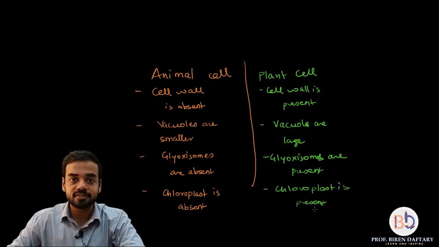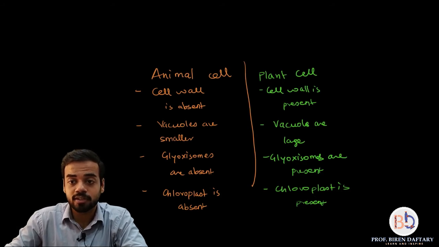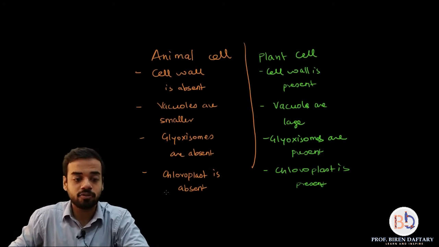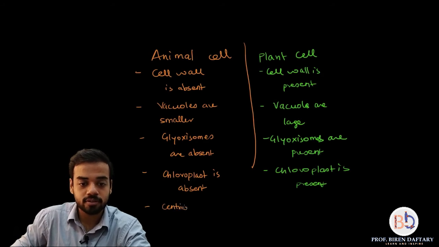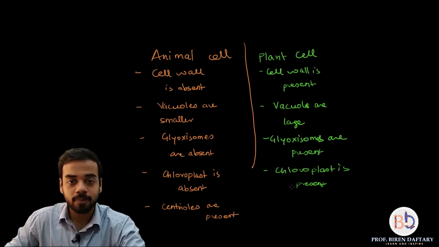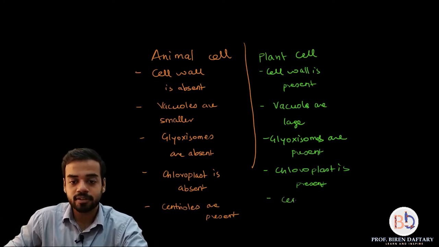And the last difference is centrosomes, correct? So in the case of animal cell, centrioles are present, whereas in the case of a plant cell, centrioles are absent.